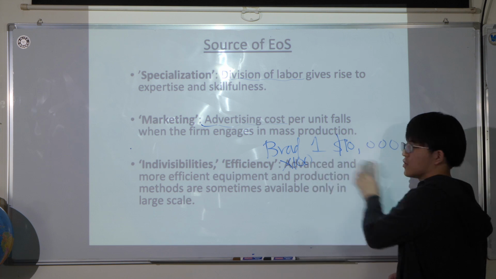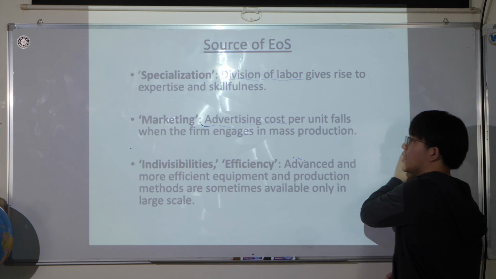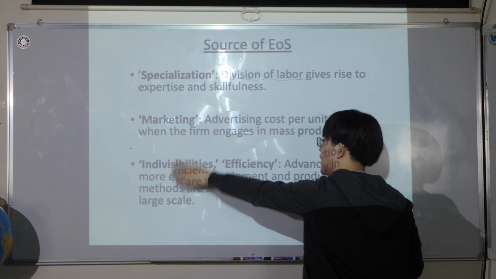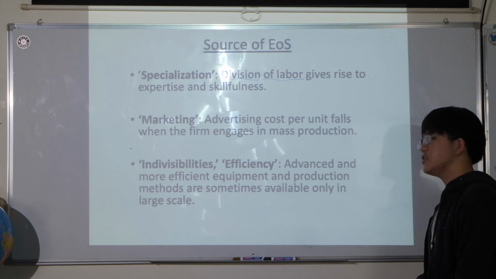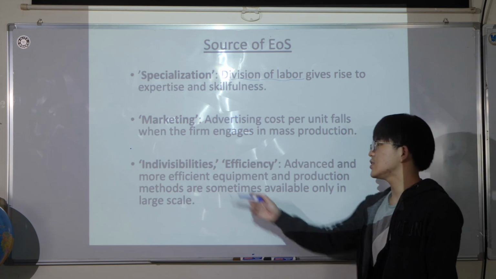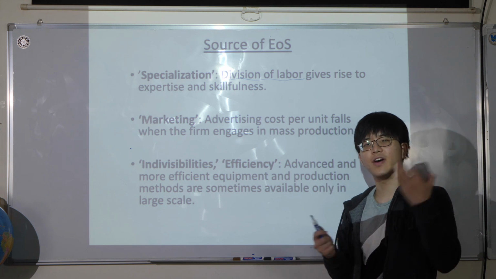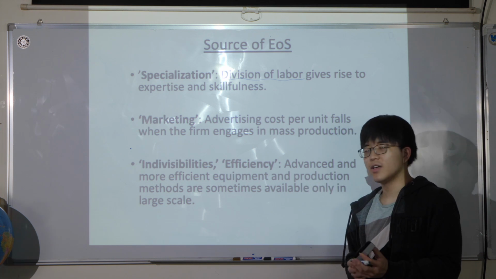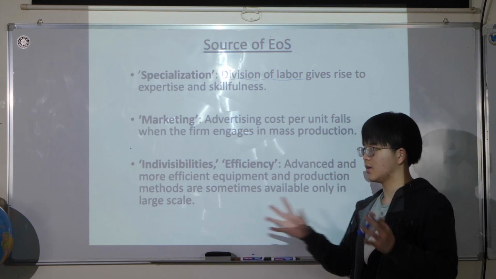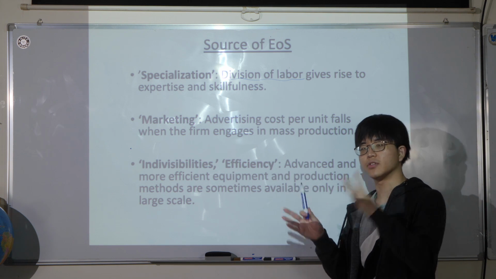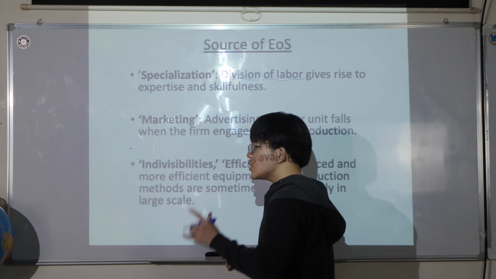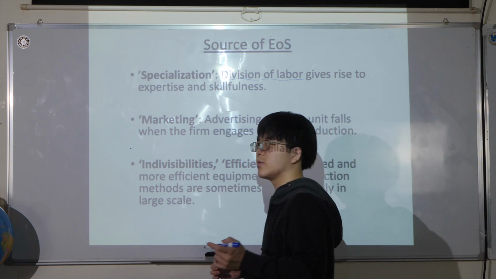And now we have the term indivisibilities or efficiency. Indivisibilities is like undivided, impossible to divide something. We can think about capital goods. So I have a machine to produce bread 1.